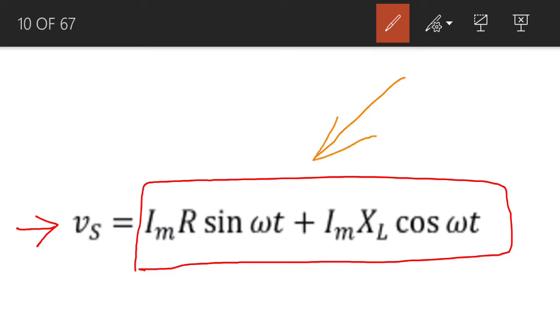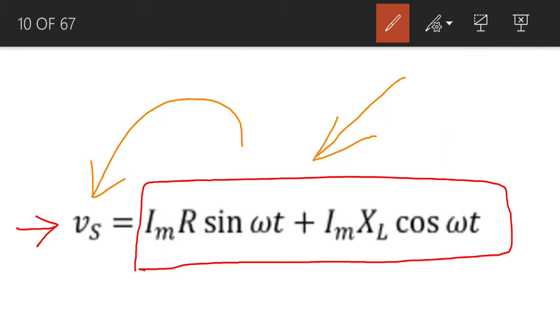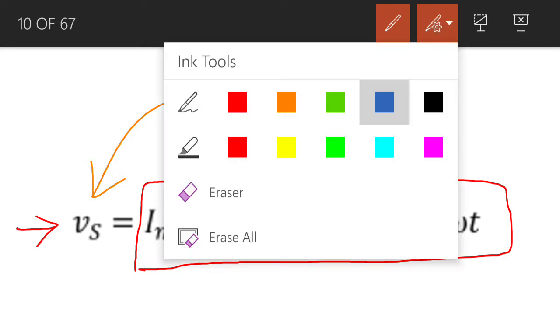The problem is that the right hand side of this equation does not give you the maximum value of this AC voltage, and it does not give you the phase angle of this AC voltage.